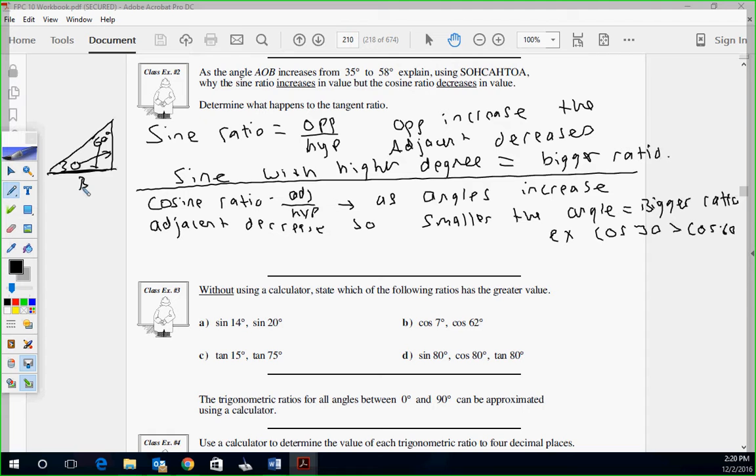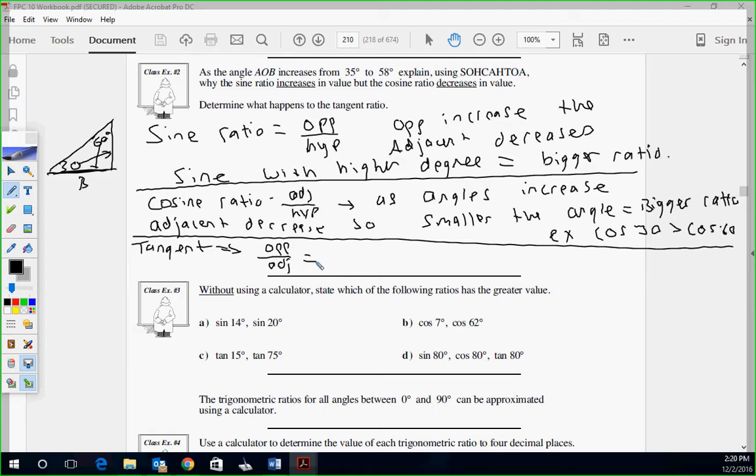Okay? All right, then lastly, tangent. Trying to squeeze this in here with even worse writing. So tan is opposite over adjacent. In a fraction, if you want the value to be bigger, do you want your numerator bigger or your denominator bigger?